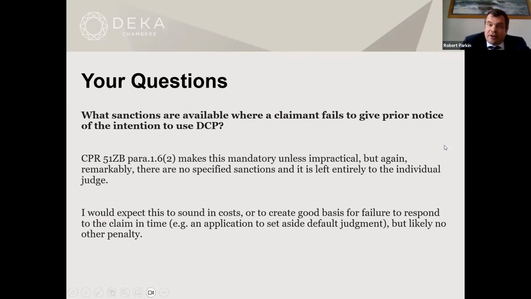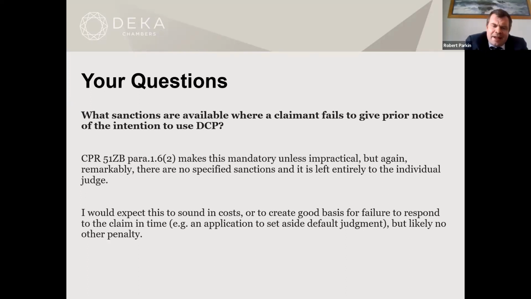What sanctions are available where a claimant fails to give prior notice of the intention to use DCP? Another really good question. Another answer where the answer is, I don't know yet. No one knows yet, I don't think. It's mandatory unless it's impracticable to give that notification.